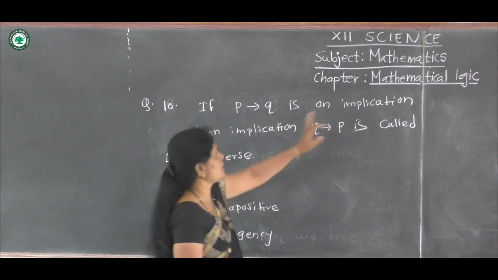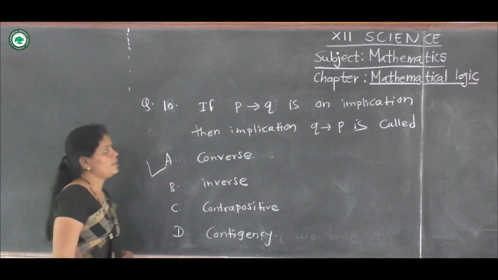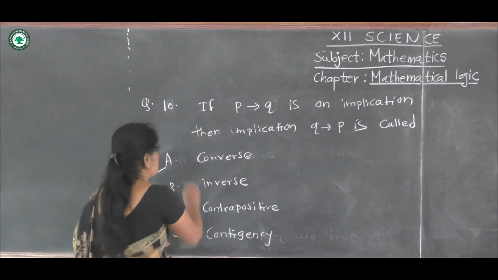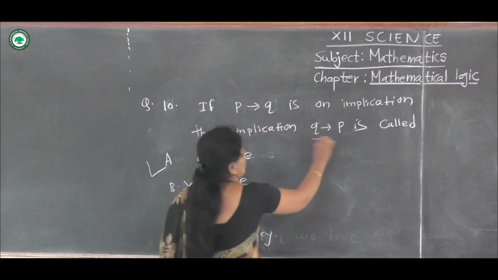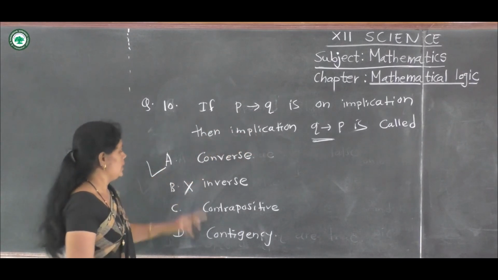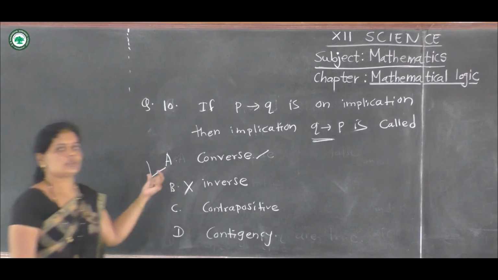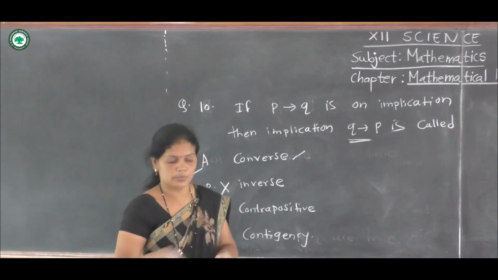Q implication P is called the converse of P implication Q. It is not the inverse, not the contrapositive, and not a contingency. Therefore it is the converse, so the first option is true.